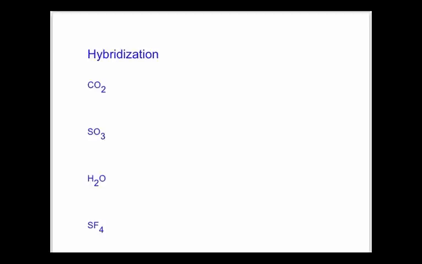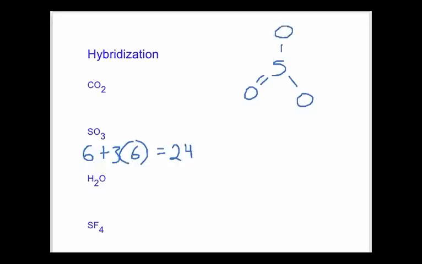For SO3, we have 6 valence electrons for the sulfur. We have 3 times 6 for the oxygen, so that's a total of 24. I think at this point you can figure out, hopefully, maybe by playing around with the structure some, that we're going to end up with something that looks like this when we spread the rest of the electrons around.